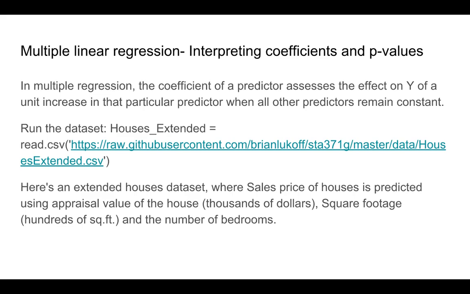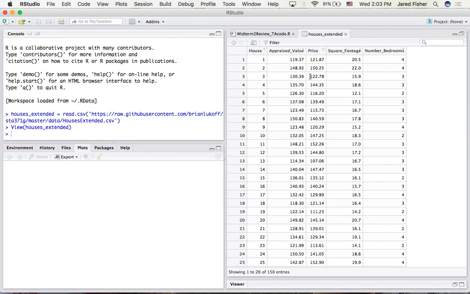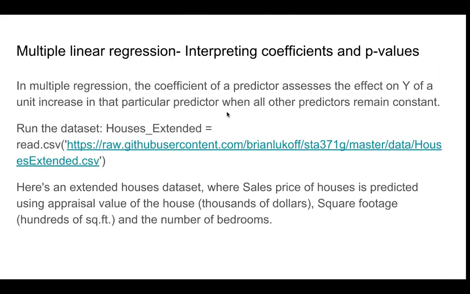Extending this to multiple linear regression, the coefficient of a predictor assesses the effect on y of a unit increase in that particular predictor variable when all the other predictor variables remain constant. I want you to run the data set, and you can see that it has the appraised value, the sales price of the house, the square footage, and the number of bedrooms. Hope you have done it.